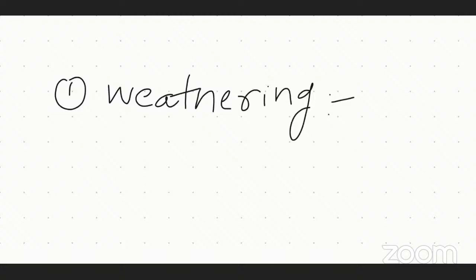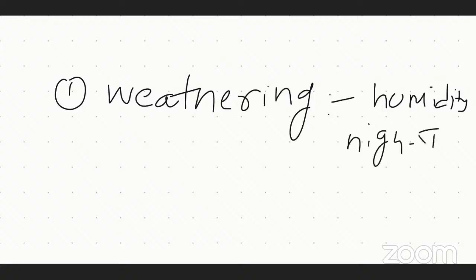So this weathering mainly occurs by high humidity as well as high temperature. So this humidity and high temperature mainly occur during the post-maturation and pre-harvesting period.